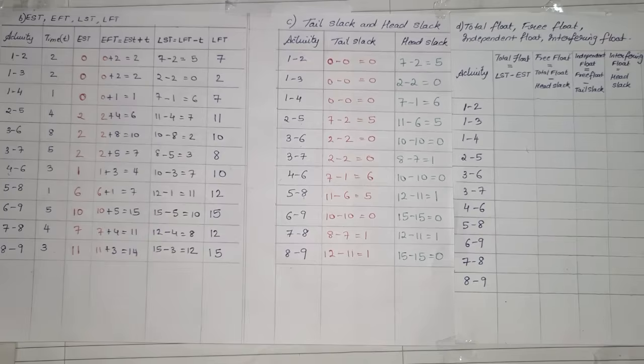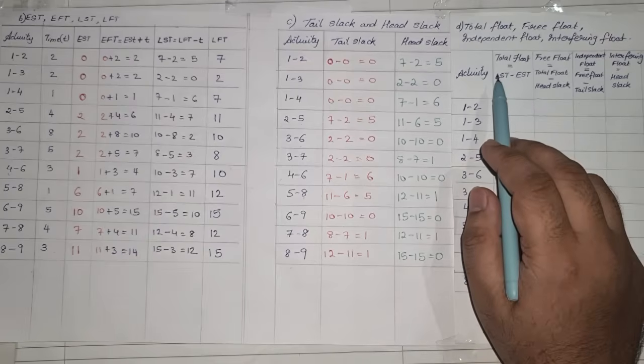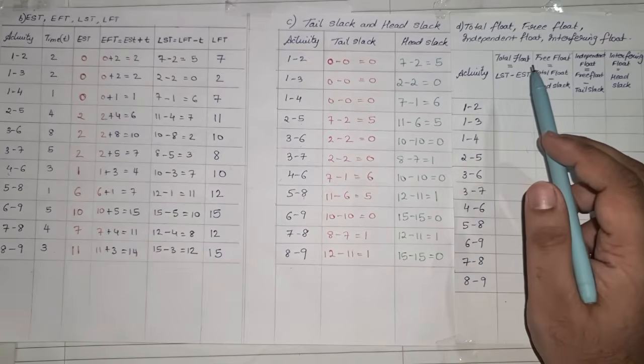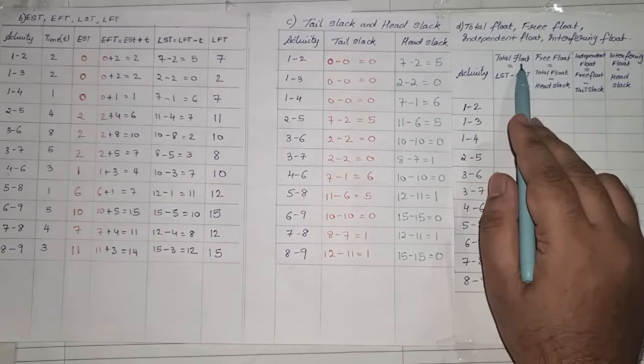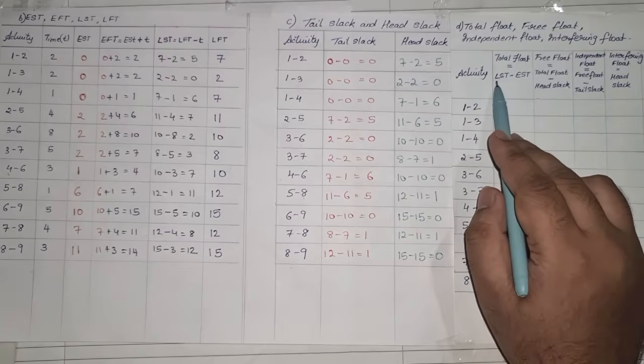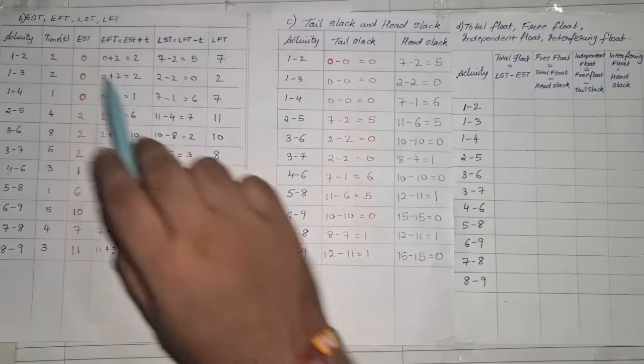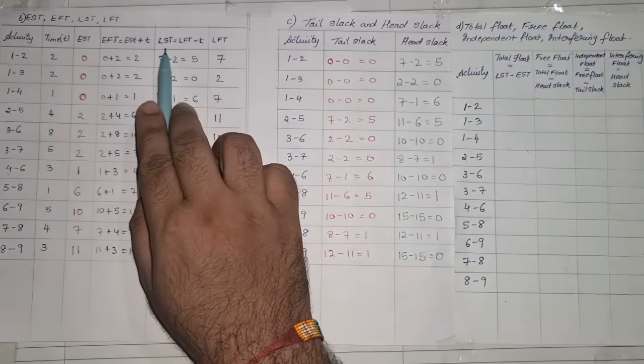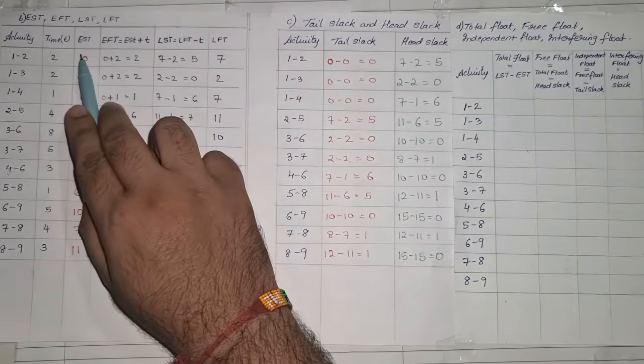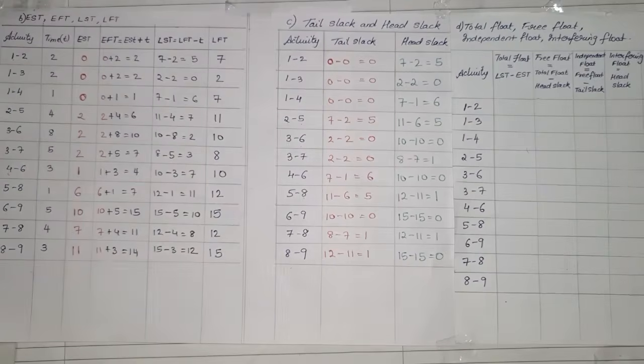The very first thing they have asked us to find is the total float. Now the total float formula is latest start time minus earliest start time. Okay, now the values are already there, we just have to use them carefully.